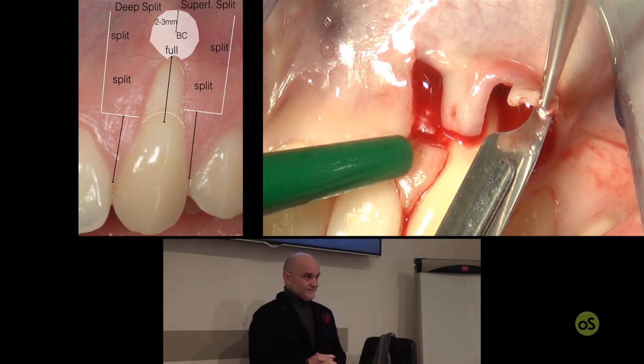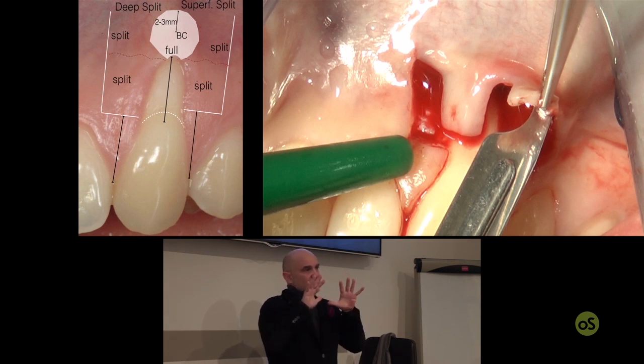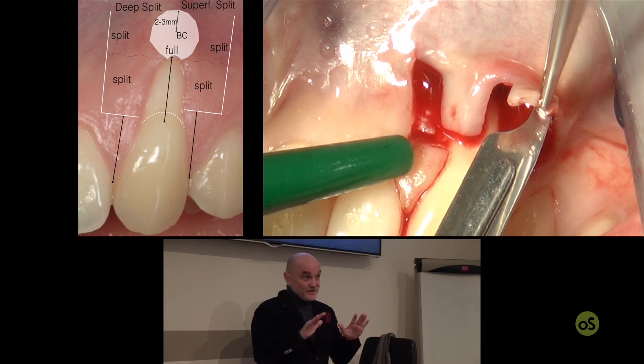vertical incision. So while the deep incision is very limited, the minimum you can until you see the muscles separating and the alveolar mucosa capable of separating from the periosteal bed, the superficial incision is very, very extended in apical direction.